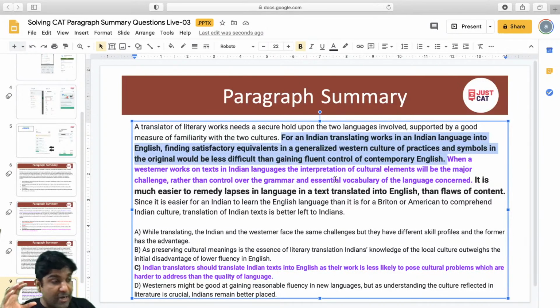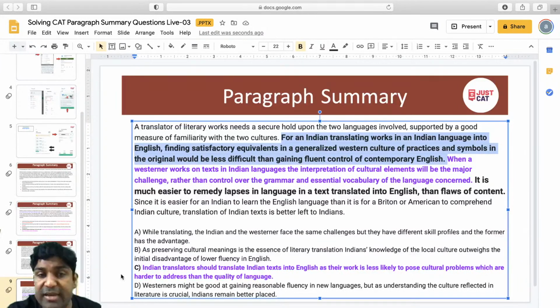There's this idea that finding cultural nuances in the Western world would be easier compared to getting control over the required skill set in the English which is being written and spoken as we speak, as in current modern English.